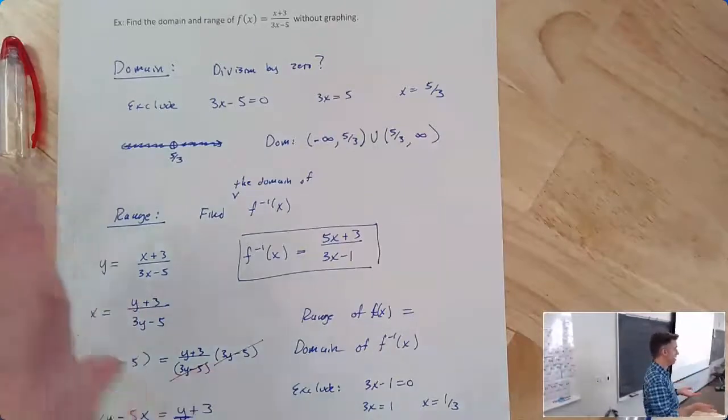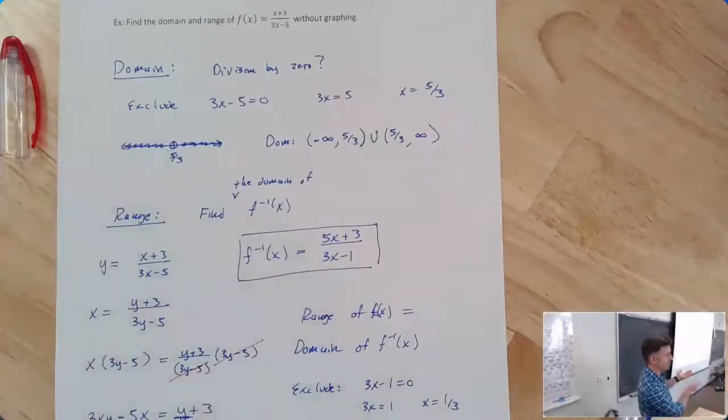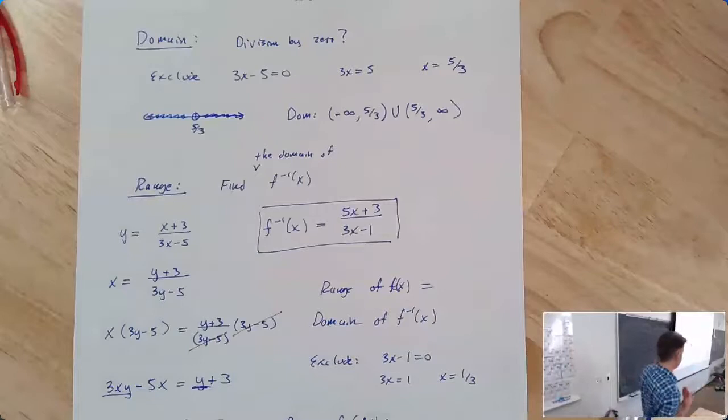So any vertical asymptote becomes a horizontal asymptote and vice versa. Kind of cool. It is really interesting that we're just finding the inverse by literally switching x and y, which changes the input-output relationship. It might not seem that neat, but it is kind of neat.